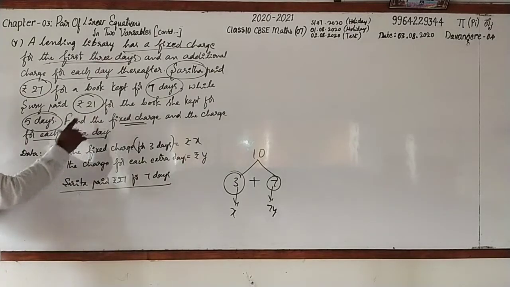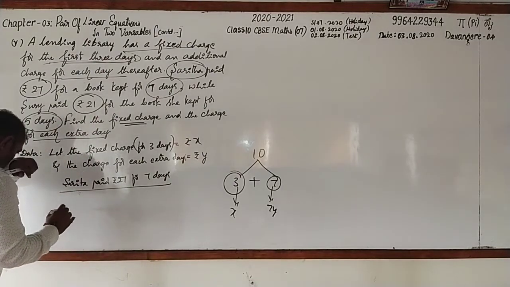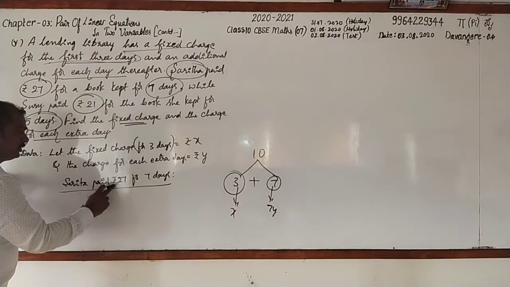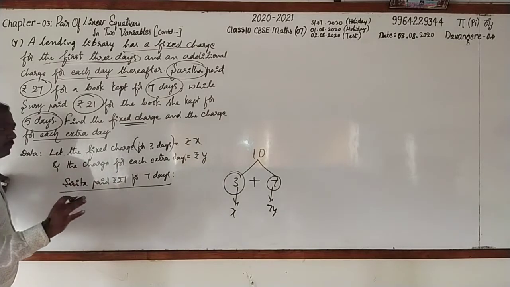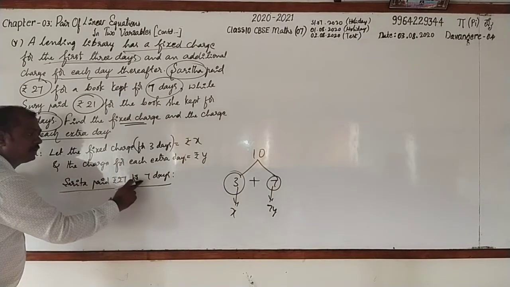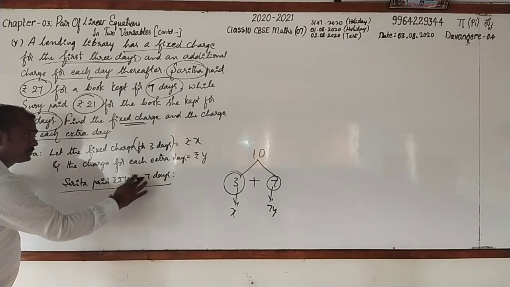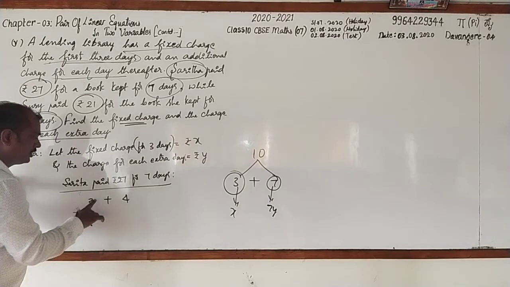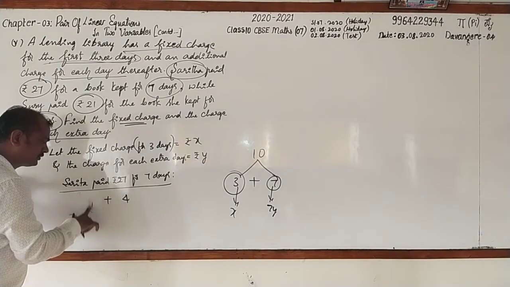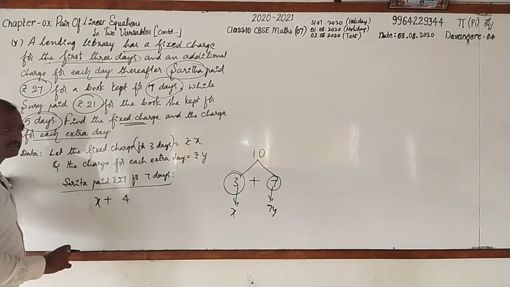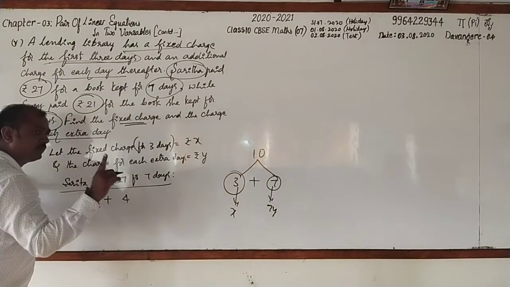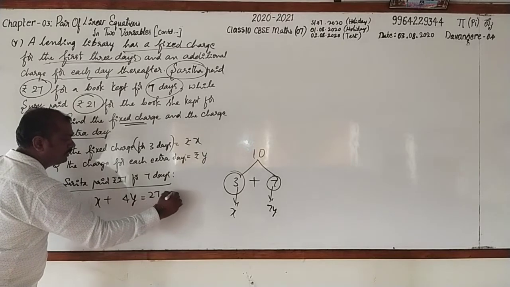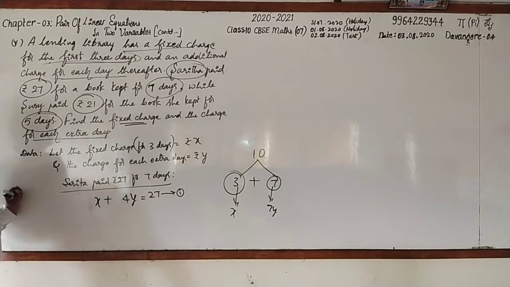How do you write this as an equation? 27 is the total amount paid by Sarita for 7 days. 7 days can be split up as 3 plus 4. For 3 days, x rupees. For 4 extra days, each extra day y rupees, so 4y. It will be equal to 27. You may call it the first equation.